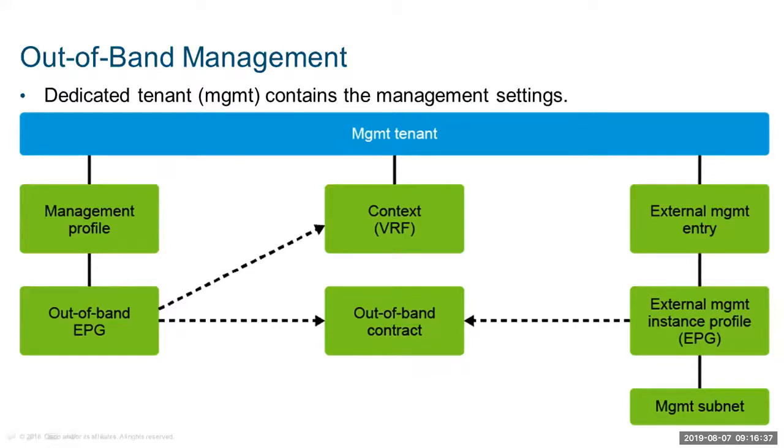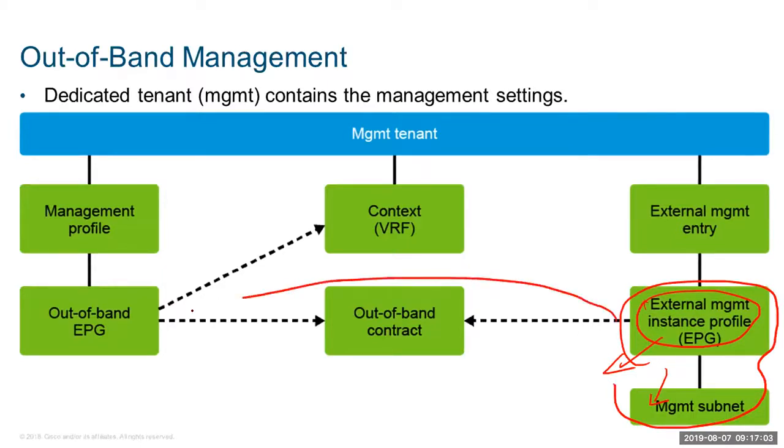Any host that is considered a part of the external management instance profile, this particular EPG, so when you define this, you're going to define a range of subnets. The hosts that belong in this EPG can communicate using a contract.